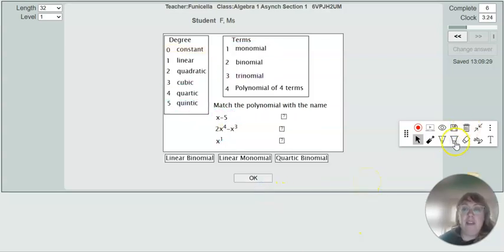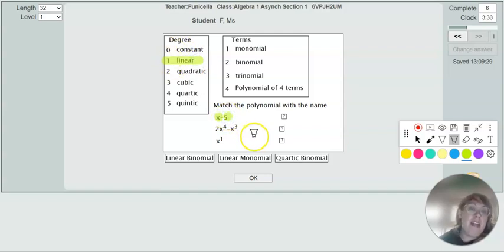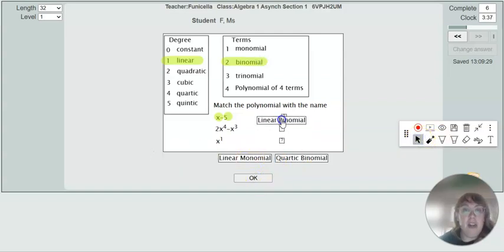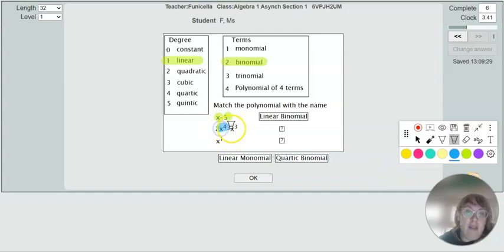And we're going to do that again for these next 3. We have x minus 5, so that's an x to the first power, so it's linear. And we have that negative 5, which is a second term, so there's 2 terms, so we have a linear binomial. Here we have 2x to the 4th minus x cubed, so we definitely have 2 terms.